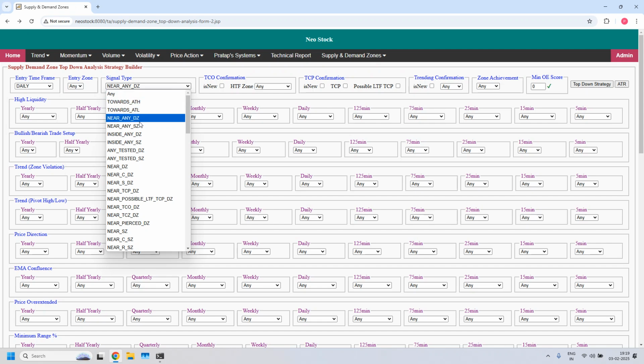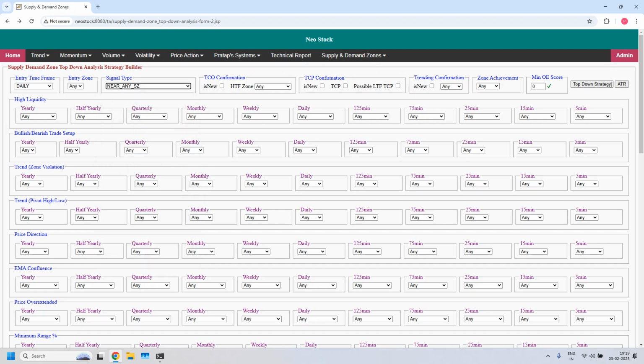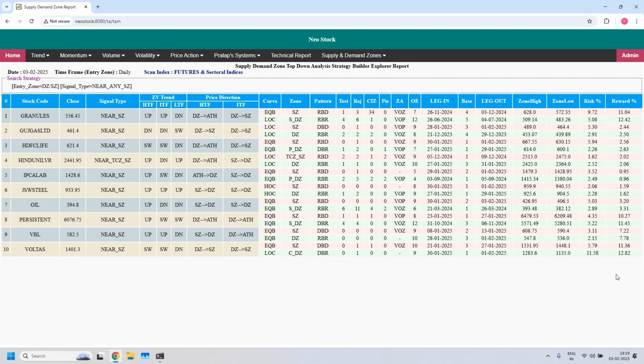Let us find the stocks near daily supply zone. We got 10 stocks. Let us identify high liquidity daily supply zones. We don't have any high liquidity daily supply zones from this list.